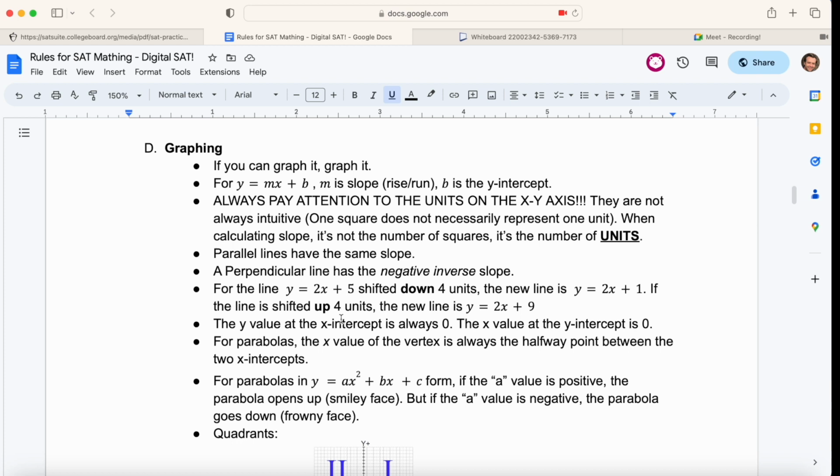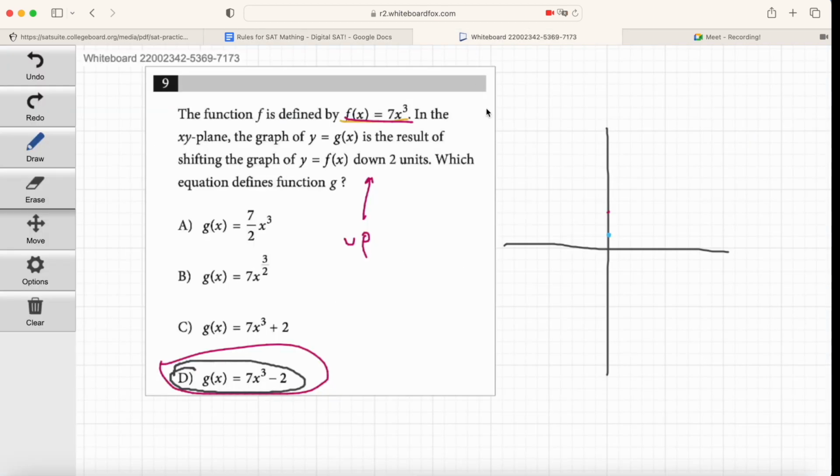If the line is shifted up by 4 units, the new line is y equals 2x plus 9. So if you're going up 4 units, you're basically adding 4 to the b value, in y equals mx plus b form. But even if it's a parabola, or raised to the power of 3 like it is in this question, it's going to be a weird squiggly. It's the same concept. You're just adding if you're shifting up, or subtracting if you're shifting down.